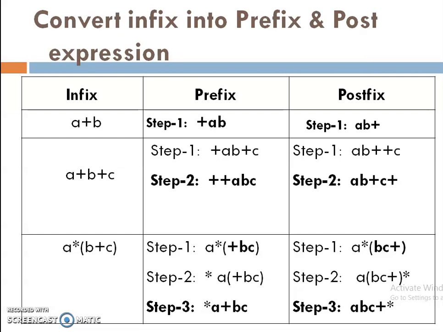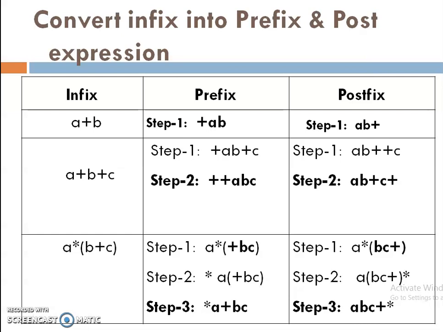Then step number 2, convert the multiplication symbol, then give the result multiplication A, then brackets plus BC, bracket complete. And then we remove the brackets. Step number 3, we give the result multiplication A plus BC, the prefix expression.